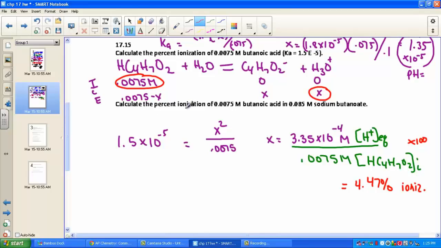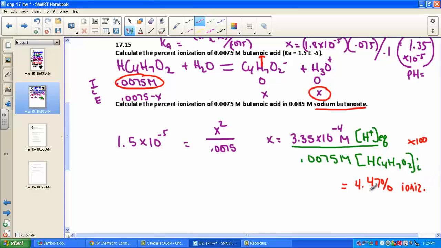Let's calculate that percent ionization, same concentration of the acid, but now we have the common ion effect. We're going to put in a salt called sodium butanoate. That butanoate right here, that's the common ion. Now Le Chatelier would suggest if we increase this, that's the stress of the common ion, we should decrease the ionization.